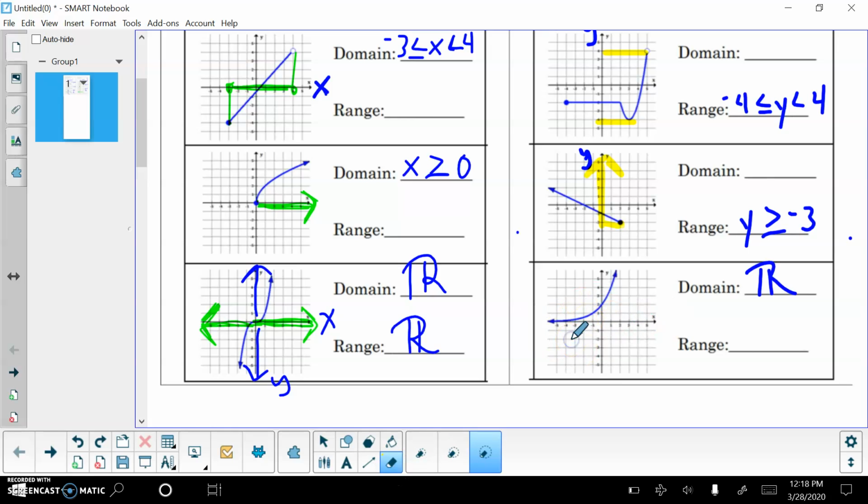So we say that the domain is all real numbers going left to right. However, the range is a little bit different. This is an exponential function, which we have not covered yet in class. As it goes up, it goes up and up forever, but as it goes down, it actually hits a boundary. It never gets to touch the x-axis. It never gets to go below the x-axis. This has an asymptote. An asymptote is like a boundary.